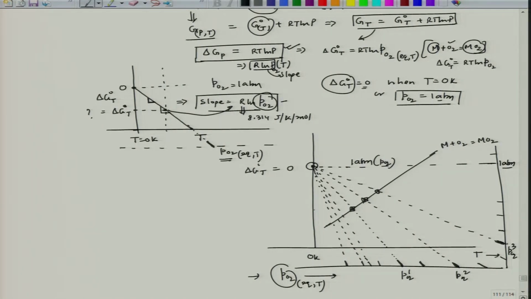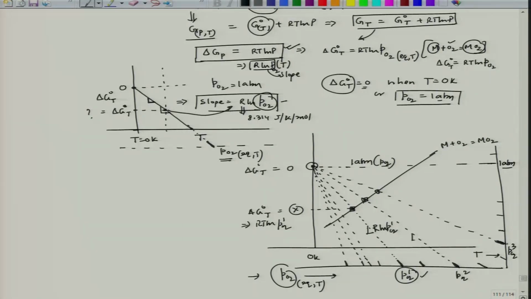Another way to find out the equilibrium PO2 at this point, instead of looking at this, is to take the value delta G0 at T, which is nothing but RT ln PO2 1. Then we can find out PO2, but without doing this calculation one can find it from the diagram, and the slope of this line is nothing but R ln PO2 1.